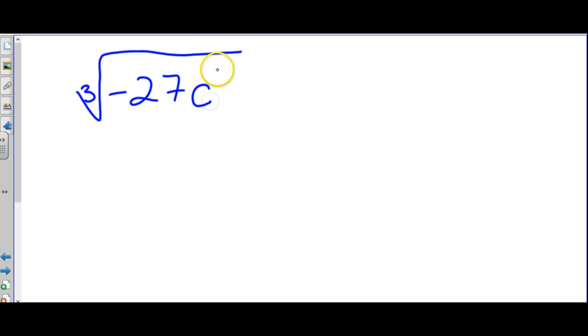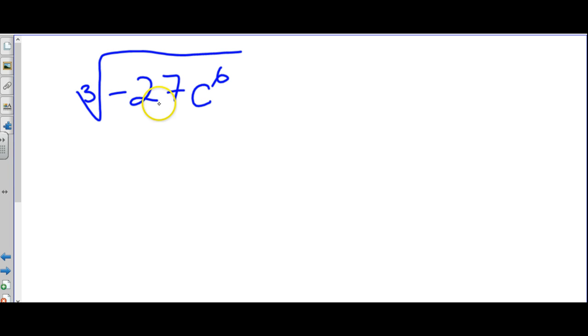So what they're also going to want you to be able to do is to simplify using numbers and variables. So we have the cube root of negative 27c to the 6th. You can do this two ways. I usually prefer the method where you're just breaking it down completely.